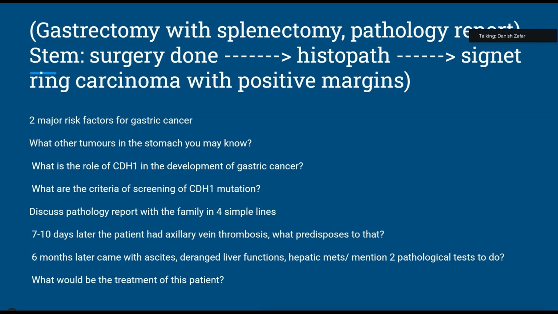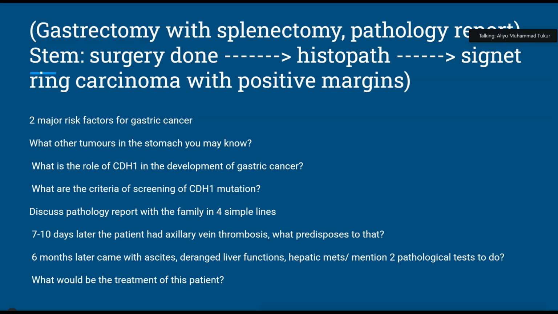Okay, so after performing surgical management of this patient, the patient is likely to develop dumping syndrome. Can you explain the different types of dumping syndrome? Dumping syndrome could be early dumping syndrome and late dumping syndrome.